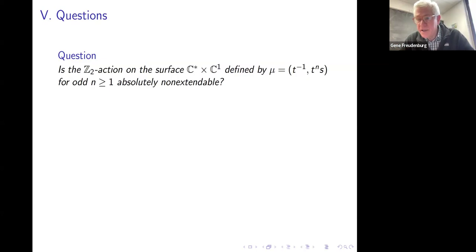A line and an isolated point. And so a natural question is whether that Z2 action is itself absolutely non-extendable. The obstruction is we don't know about Z2 actions on affine four space, right? We don't have a classification of those. So that's maybe a hard question. I don't know.